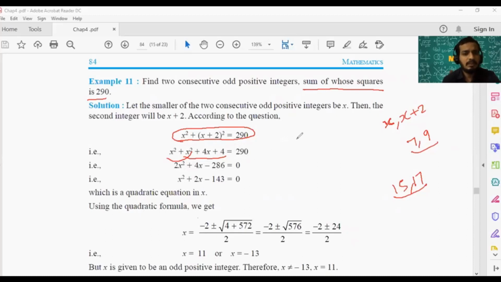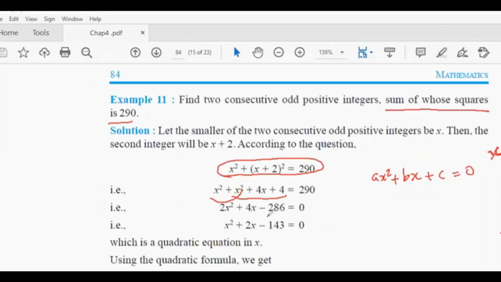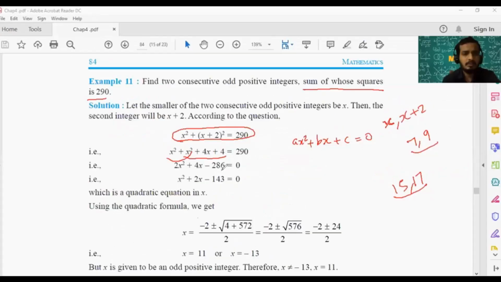Why? The general form is ax square plus bx plus c equal to 0. The right side you want to make 0. So bringing the 290 to the left side, you will get 2x square plus 4x minus 286, since 4 is already there and 290 minus 4 gives 286. You can identify a, b and c here itself and apply the quadratic formula.